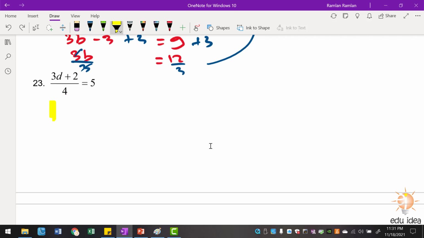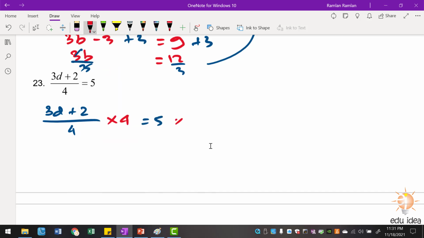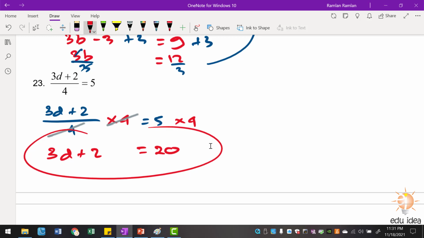So we have 3d plus 2 over 4 equals 5. I'm going to multiply both sides by 4. By doing so, I can cancel this 4 and this 4, which means that I will get 3d plus 2 on the left side, that equals 20.